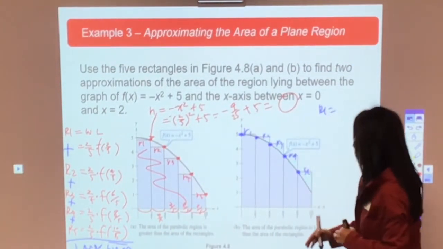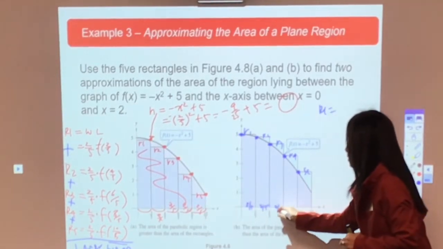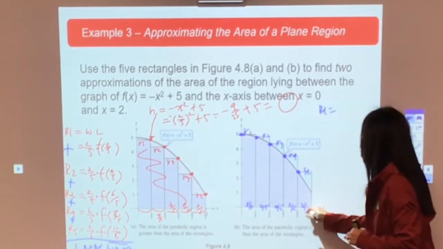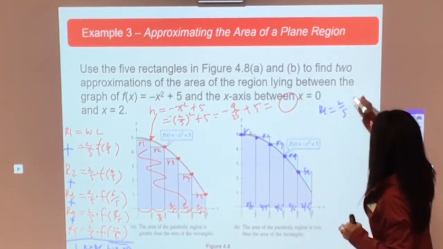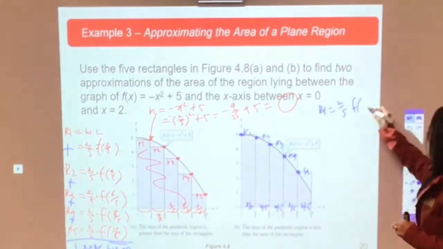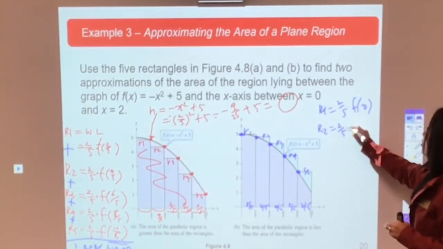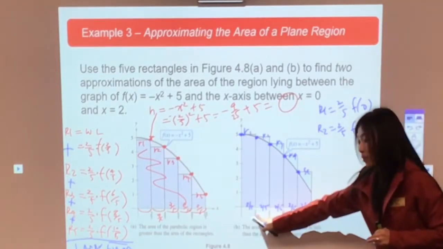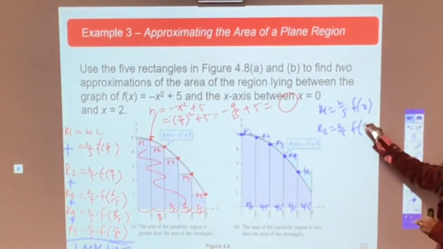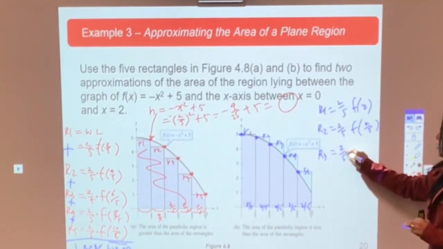All right, what is my width again? They're all 2/5. So each one of my rectangles is 2/5 wide. So 2/5 times f of which number do I plug in here? 0. What's the next one, class? 2/5 times f of which number? 2/5. What's the next one? 4/5.